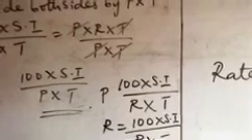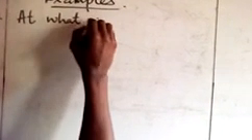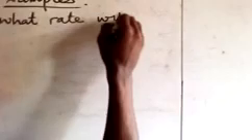So quickly now, let's look at some examples. Example 1. At what rate will 1,000 naira yield 10 naira in 5 years?